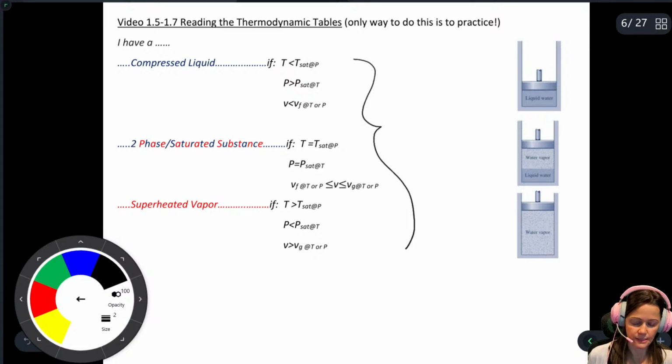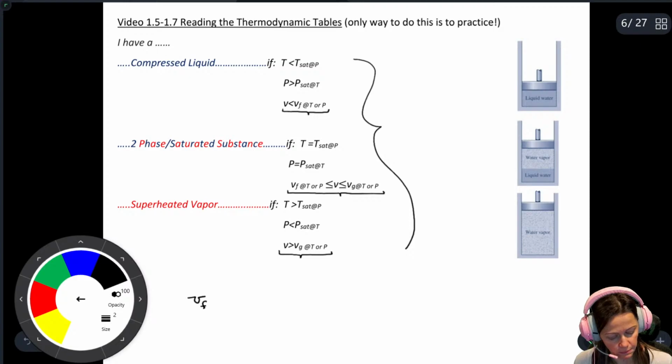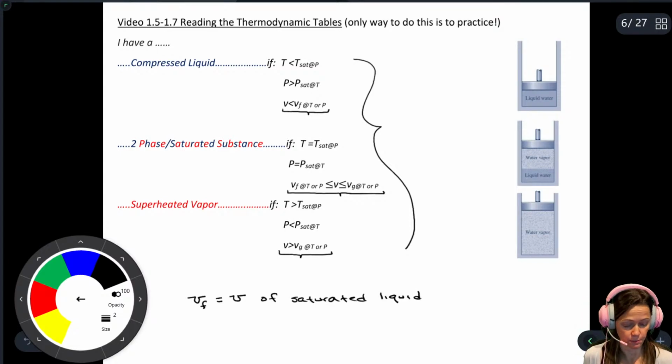You've got some things here, but I won't read them because that's not useful. Let's worry about the specific volume, since we haven't really talked about this one at all. So your specific volume is the specific volume of saturated liquid at a given pressure or temperature.